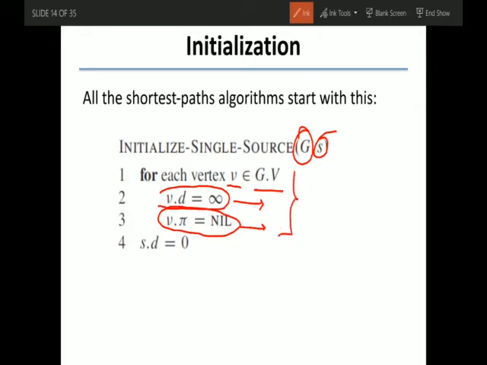This loop will go for all the vertices. And for the source, we know the source to source distance is 0, so s.d will be 0.